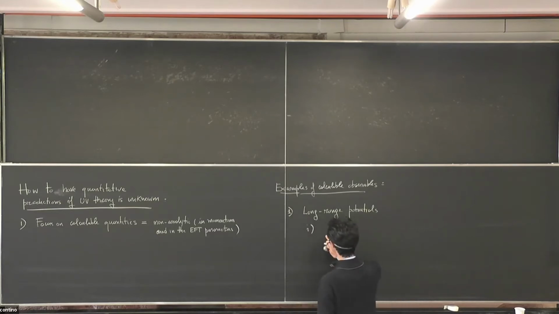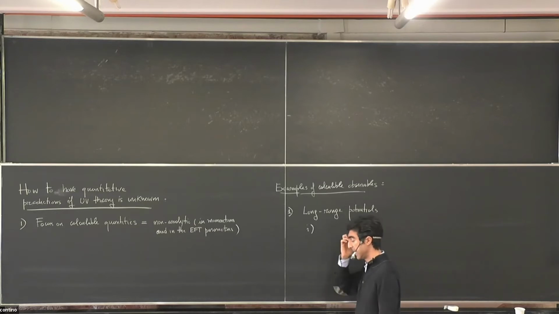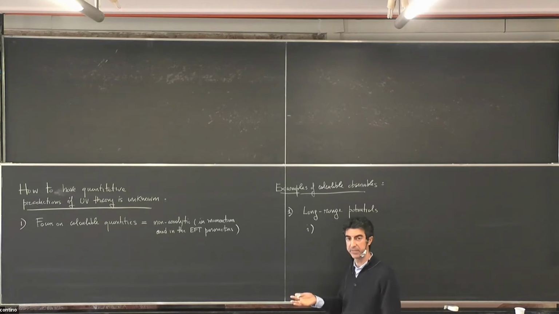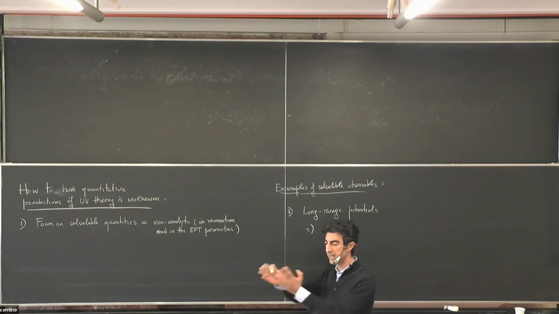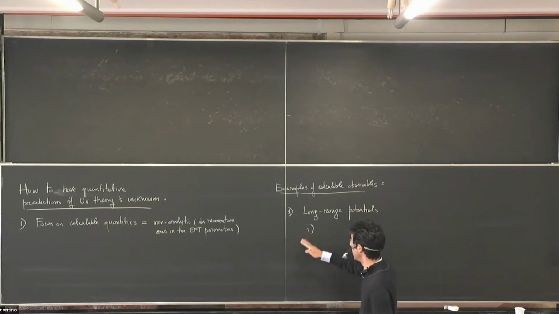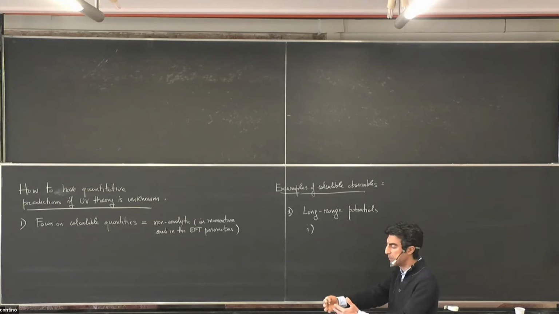And one example is corrections to the Newtonian potential coming from an effective field theory of quantum gravity. So if you take GR and you quantize it as an effective field theory, which means that the Einstein action term is the first in an expansion in derivatives and fields, then this will allow you to make predictions.